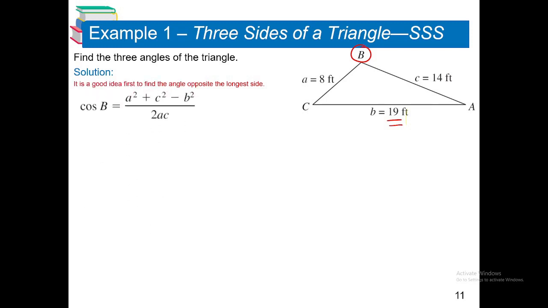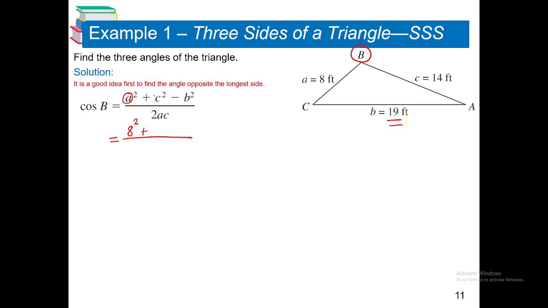Cosine B is equal to A squared plus C squared minus B squared all over 2AC. I displayed this formula a while ago. Anyway, you don't need to memorize the formulas; just familiarize yourself with how to use them. So, let's substitute. What is the value of A in our triangle? 8 squared.